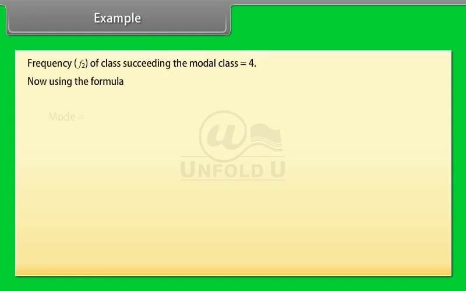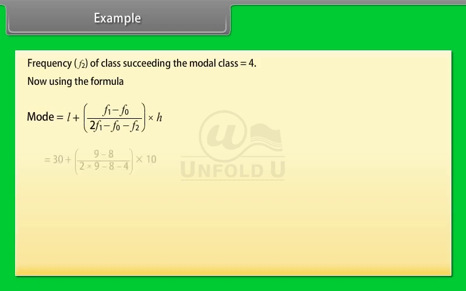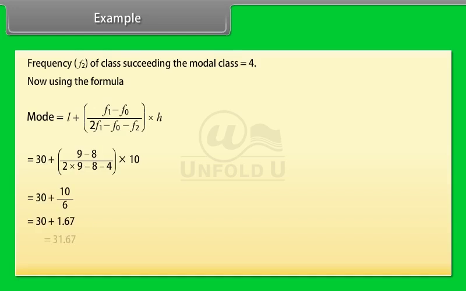Now, using the formula given below, L plus f1 minus f0, that is divided by 2f1 minus f0 minus f2 multiplied by h, we will find the mode as 30 plus 9 minus 8 by 2 into 9 minus 8 minus 4 into 10 equals 30 plus 10 by 6, which equals 30 plus 1.67 equals 31.67.